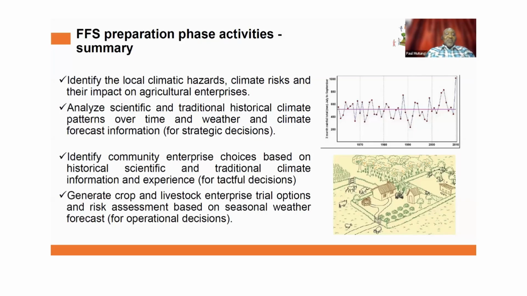You also identify the community enterprise choices based on historical scientific climate information, and traditional climate information and the experiences they have had for tactical decisions. And also to generate what we call the crop and livestock enterprise options based on the climate information that they have analyzed and they have come up with. Next slide.